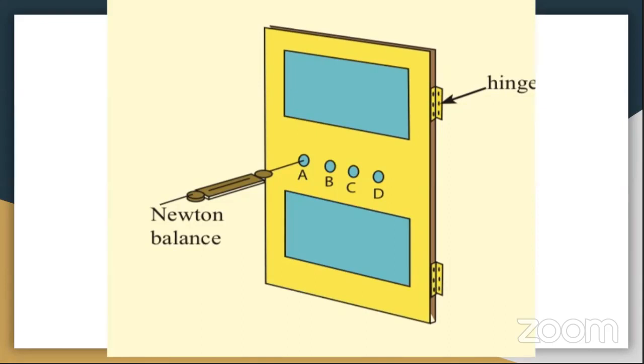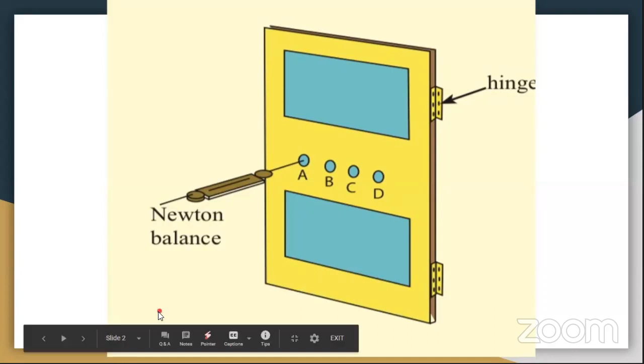Minimum force required at which point? You can send me your answers. Some students are sending answers using WhatsApp. Yes, Shalomi. All right. So others, you can use the chat options, right? A lot of answers are flowing. Yes, that's correct. We need the lowest force to move this door using point A. Yes, point A, right?